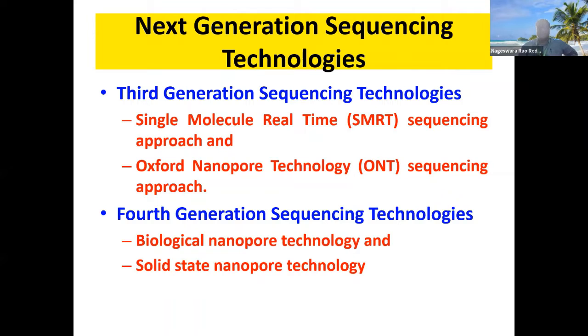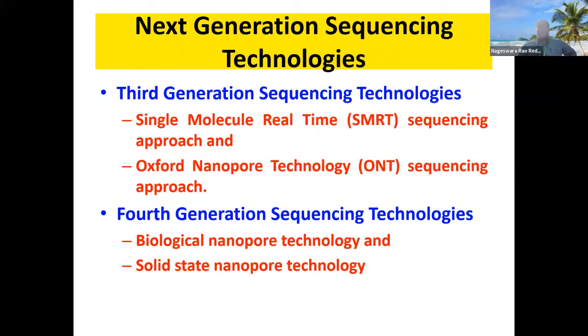So the fourth generation sequencing technologies have increased a lot. We were able to sequence large genomes, and now we are getting high resolution genome maps. Till the third generation, we were able to sequence the whole genome, but we were not able to characterize it according to chromosomes. Oxford Nanopore somewhat gave an idea of how to characterize and prepare high resolution maps of genomes, but the fourth generation has solved this problem.